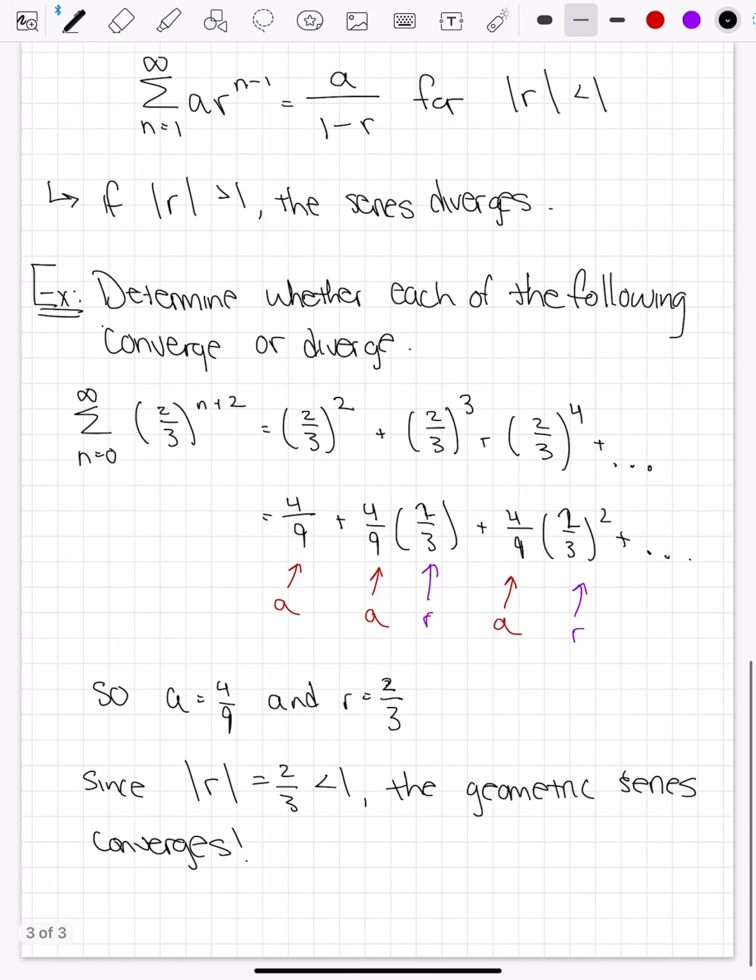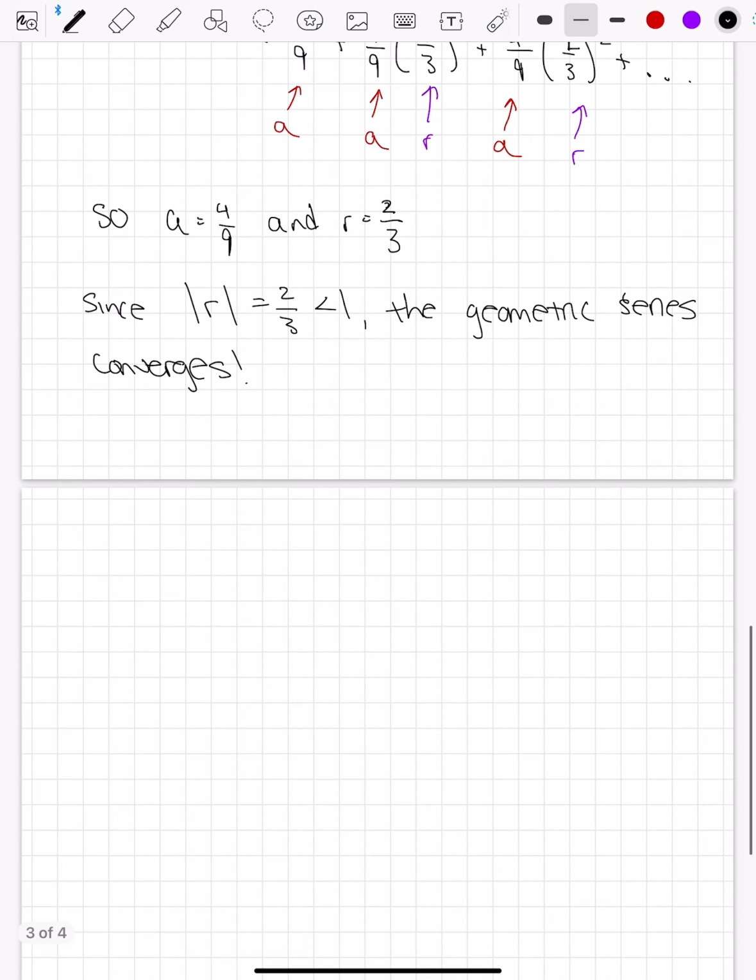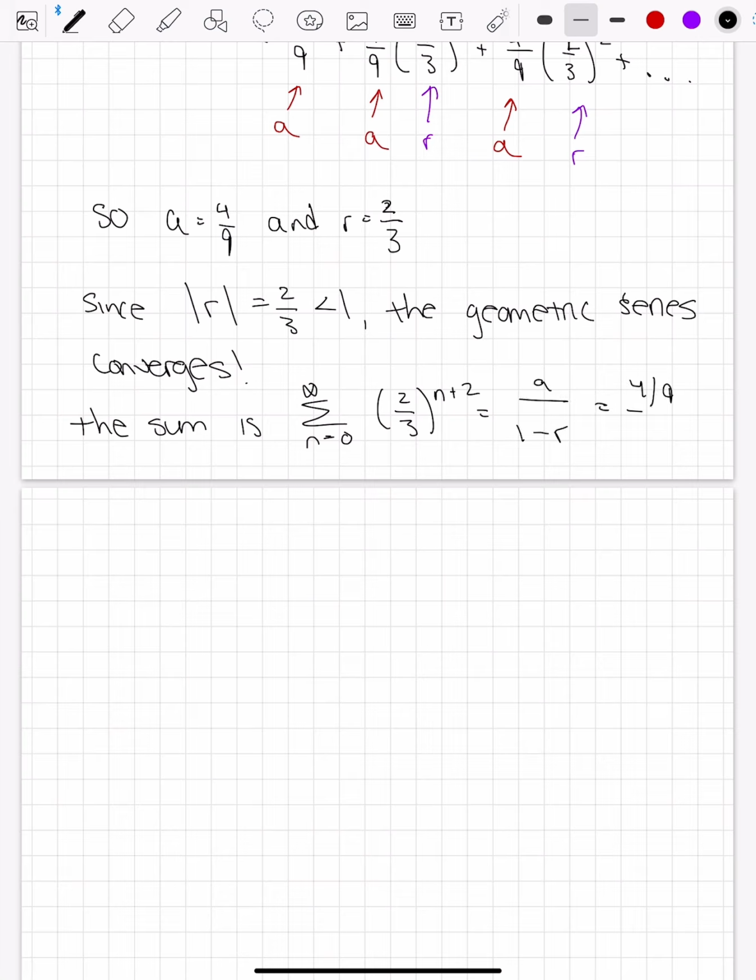Right, and remember now we have this formula here for geometric series converging. We know the sum is a over 1 minus r, where our a is 4/9 and our r is 2/3.